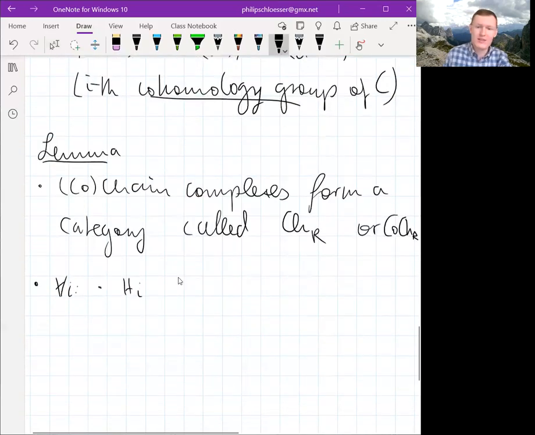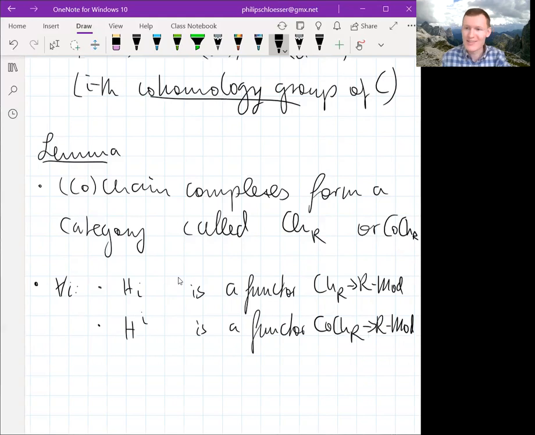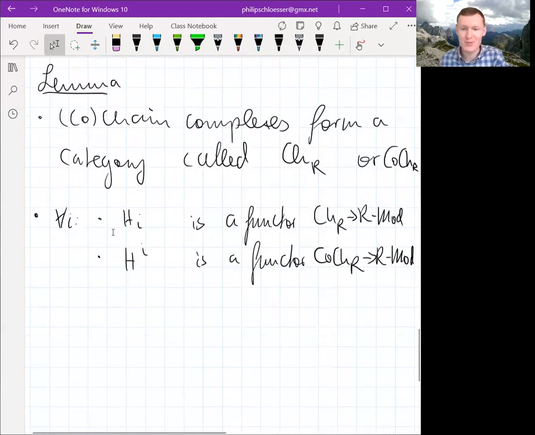Yeah, and I guess the main statement is that every H_i is a functor from Ch_R to R-Mod, and H upstairs i is also a functor. Note that I didn't use any kind of opposite here.